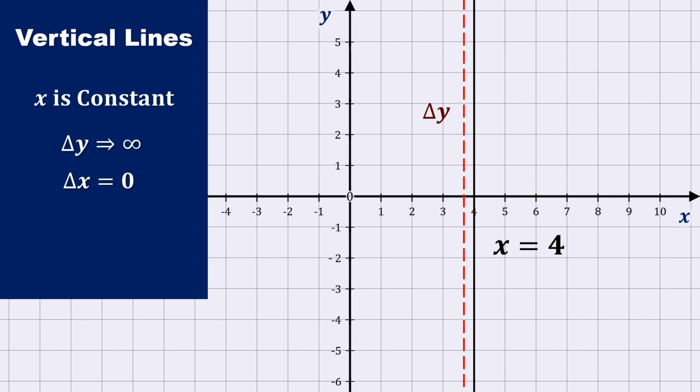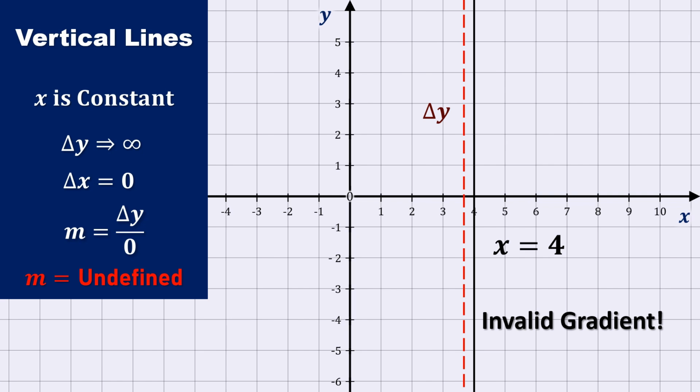So the gradient is equal to the change in y over 0. And dividing any number by 0 is undefined because it is just impossible. In conclusion, a vertical line has no valid gradient.